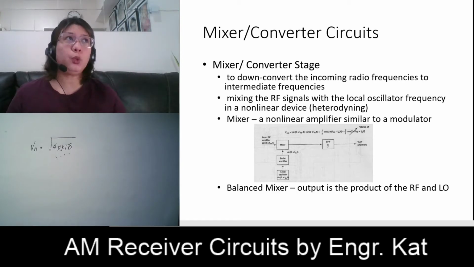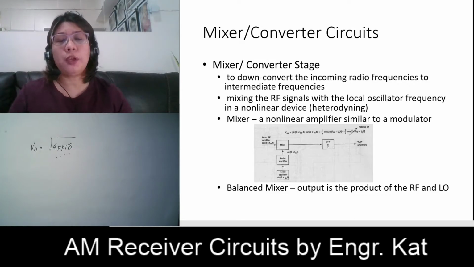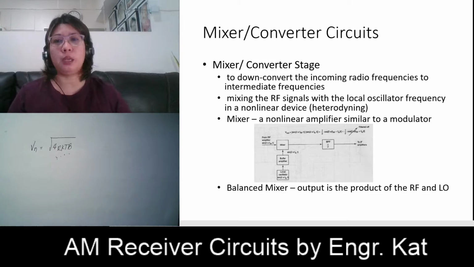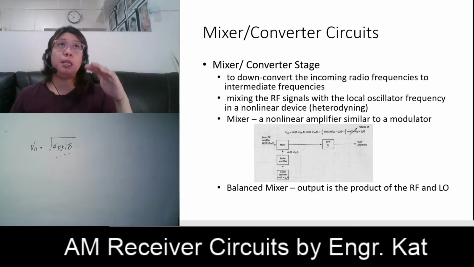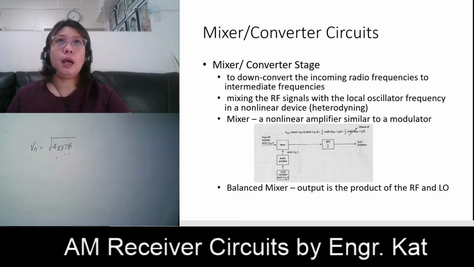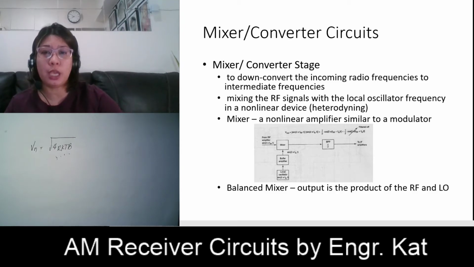So we are not totally converting it to the information signal or audio signal. It will pass through a certain frequency, which is our intermediate frequency. The RF frequency will be down converted.